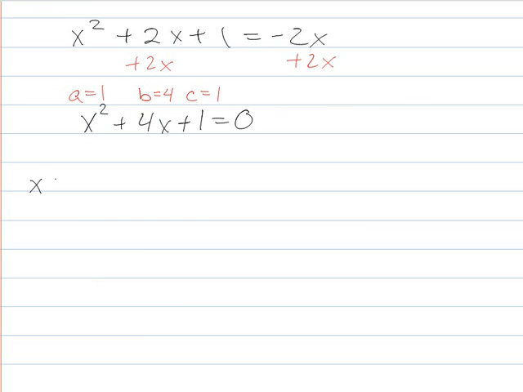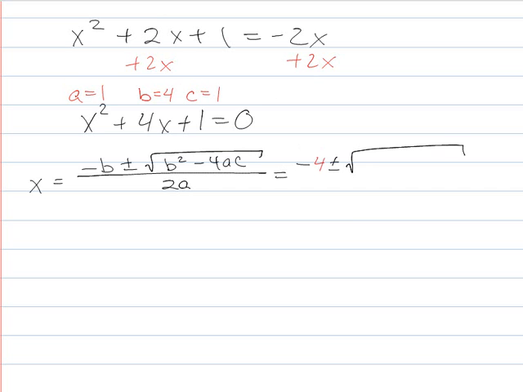So the answer is negative B plus or minus the square root of B squared minus 4AC all over 2A.